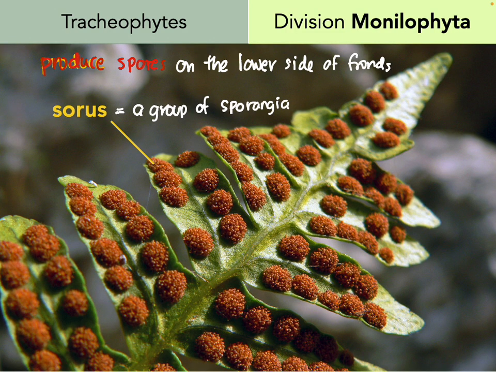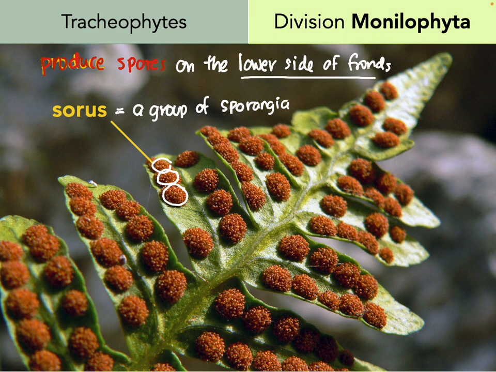So a bunch of sporangia together. So each of these mounds is called a sorus. We'll have to zoom in next page, right? So sorus is a group of sporangia. Like you pile all the sporangia together. It's on the underside, the lower side of the frond. So it's not here, it's down here.